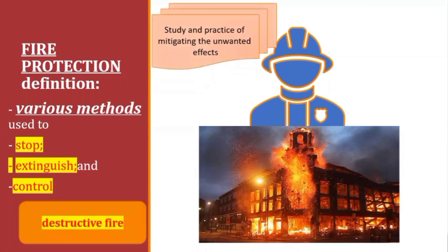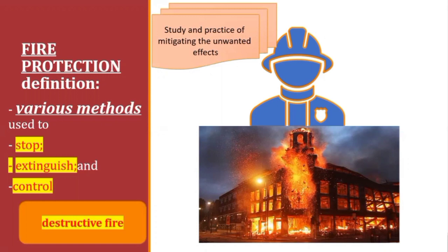Fire protection is also a study and practice of mitigating the unwanted effects. We don't even know what may happen. We can perceive, but we cannot tell exactly what may possibly happen as a result. So what we can do in cases that the building is already on fire is to mitigate, to stop, to extinguish, as well as control.